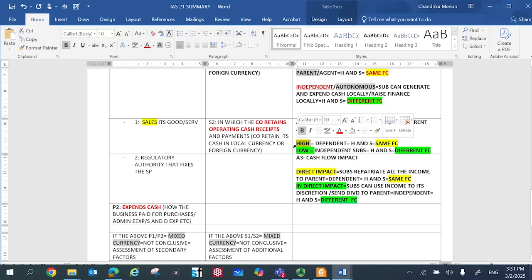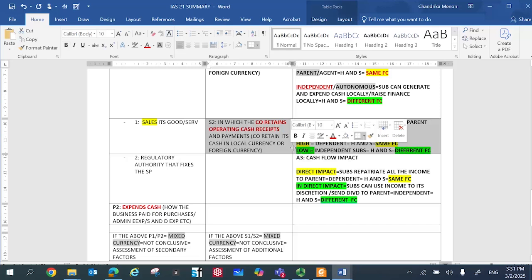If everything is between parent and subsidiary only, then it must be dependent. Correct? But if transaction between parent and subsidiary is low, it must be what subsidiary? You all are not answering. You're sitting and staring at the board. Can I have some reaction?